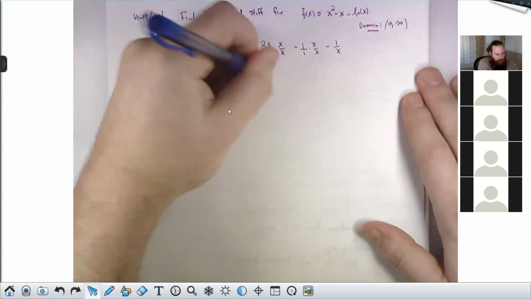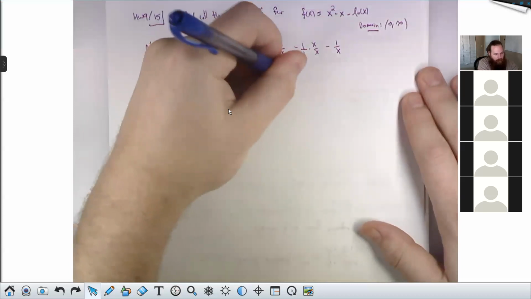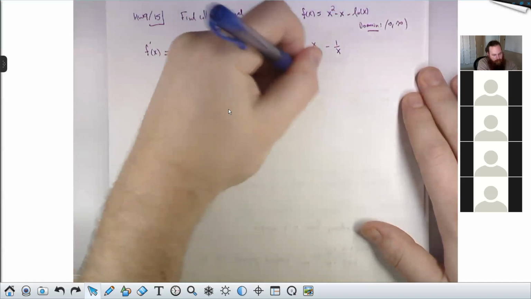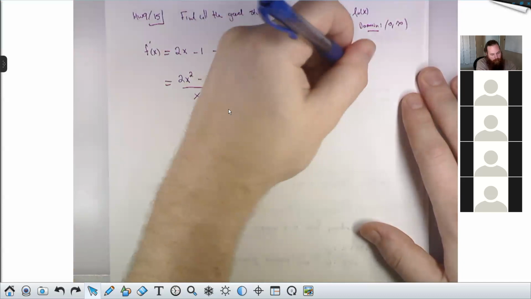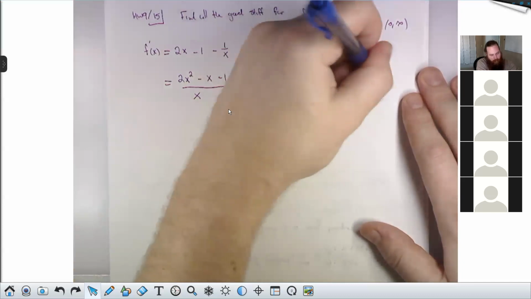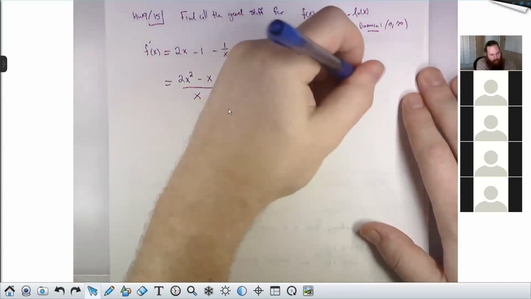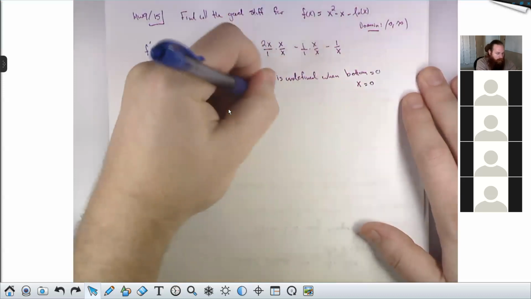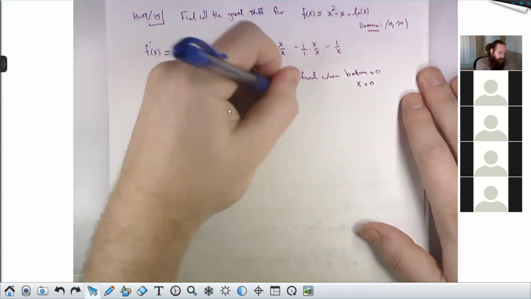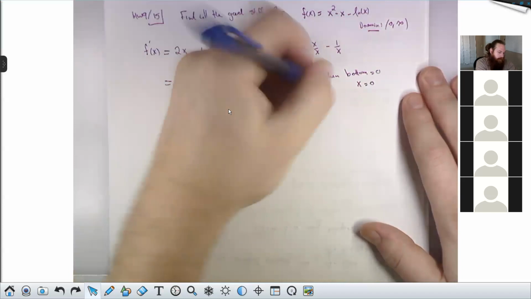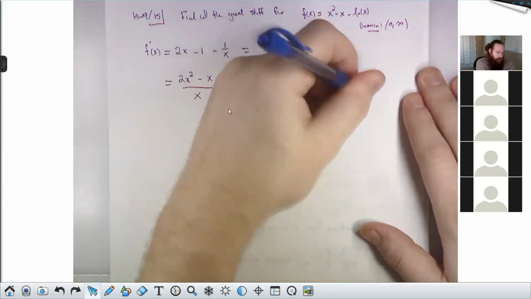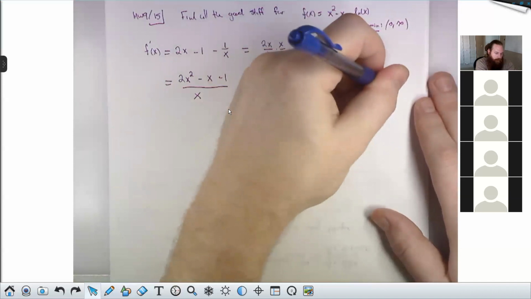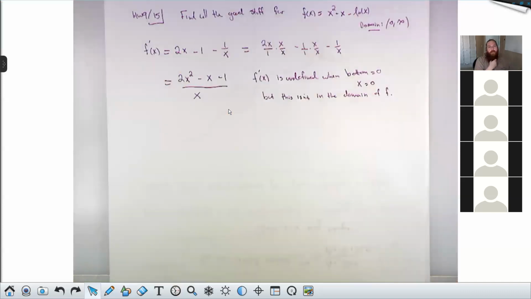So f primed is undefined when the bottom equals 0. That means x equals 0, but 0 is not in the domain of the original. So I don't need to worry about it.